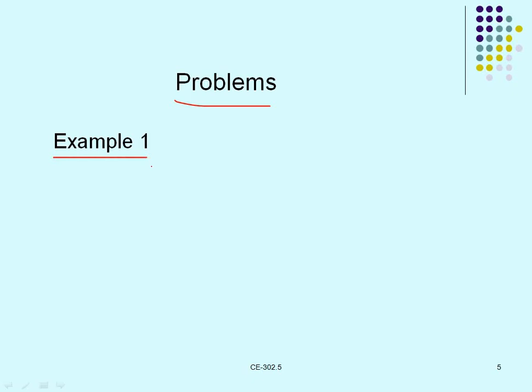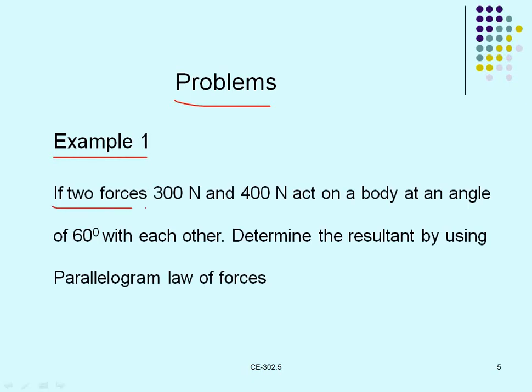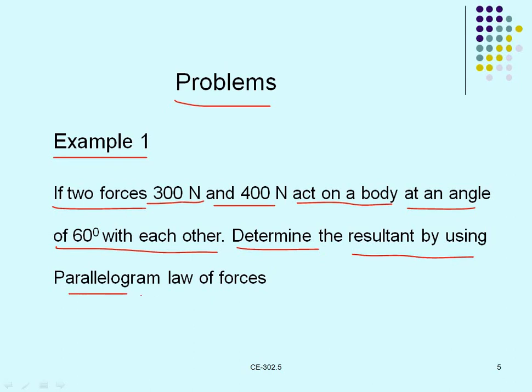Example 1: if two forces 300 newtons and 400 newtons act on a body at an angle of 60 degrees with each other, determine the resultant by using the parallelogram law of forces.